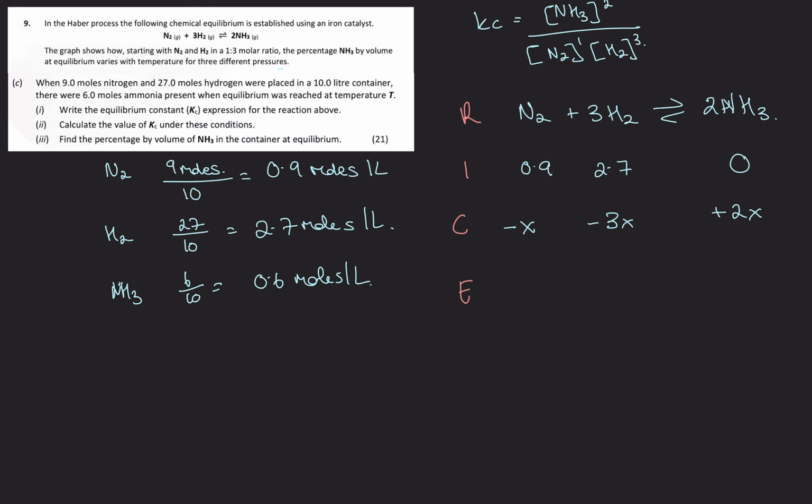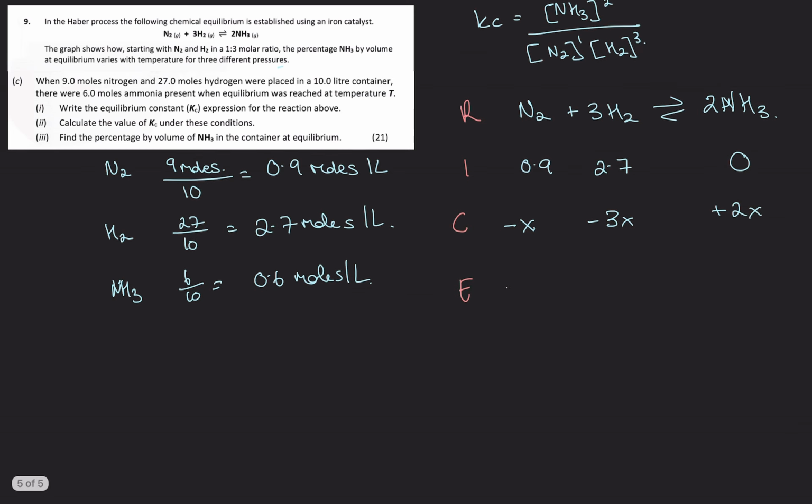So you're just looking at the numbers in front of the compounds in the reaction to get those. And the minuses always go with the reactants, plus always goes with the product. Okay, so at equilibrium then, 0.9 minus x, 2.7 minus 3x, and then 0 plus 2x, which is just 2x. So they're the concentrations at equilibrium.